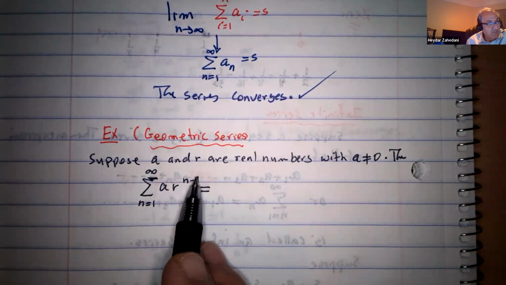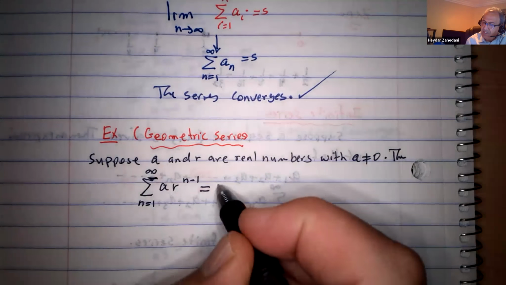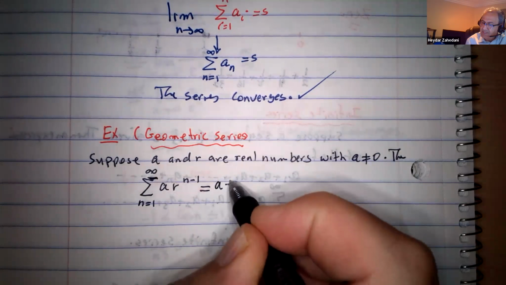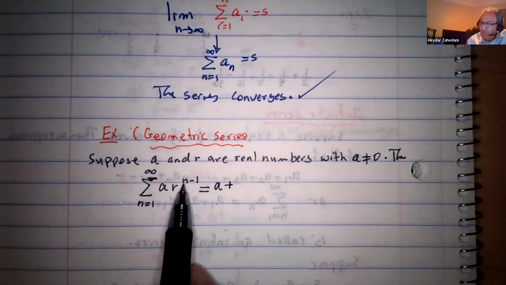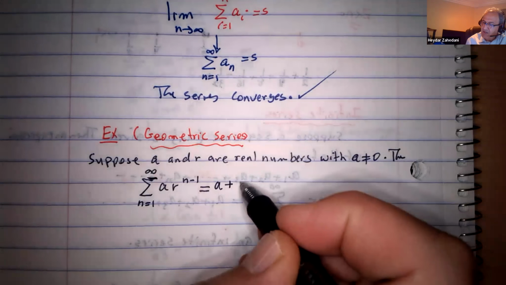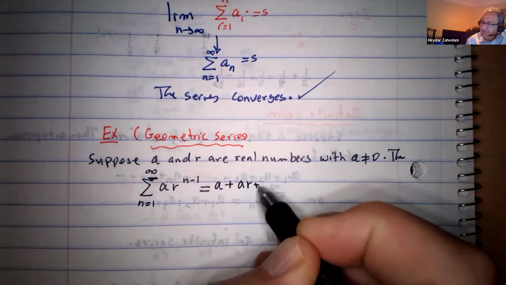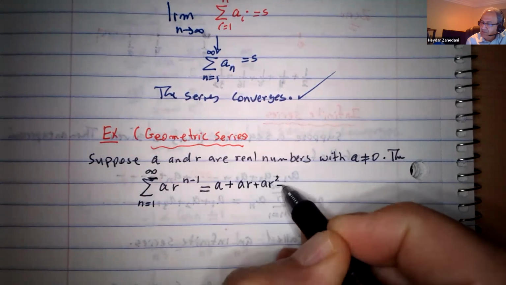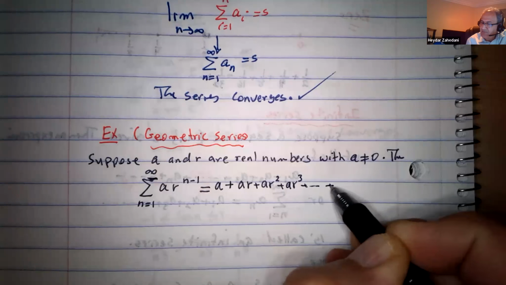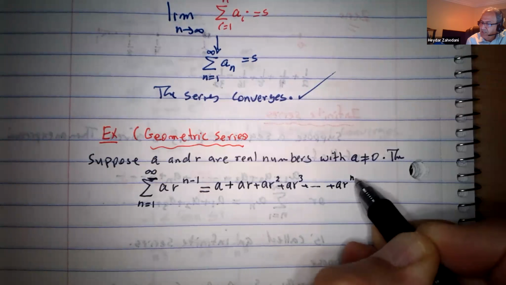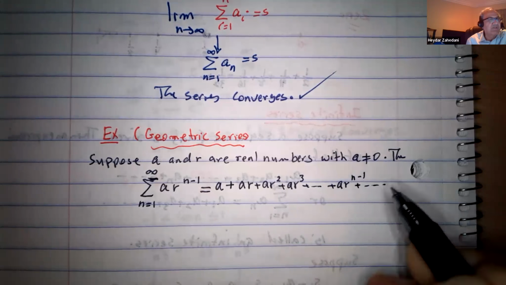Anything to the power 0 is 1. So you get only A. That's your first step. Plus, if you replace the n by 2, 2 minus 1 would be 1, to get AR. The next one would be AR squared, then AR cubed, and you continue. The general term would be AR to the n minus 1, forever.